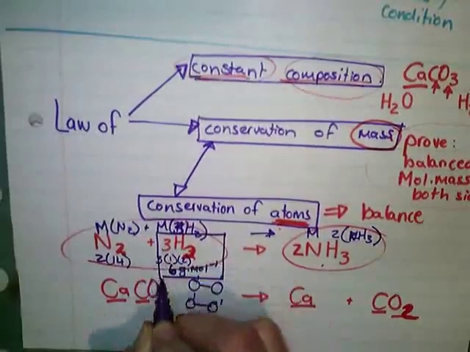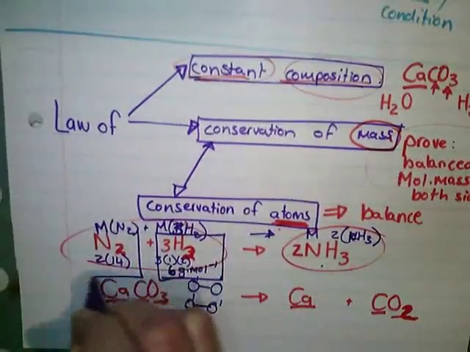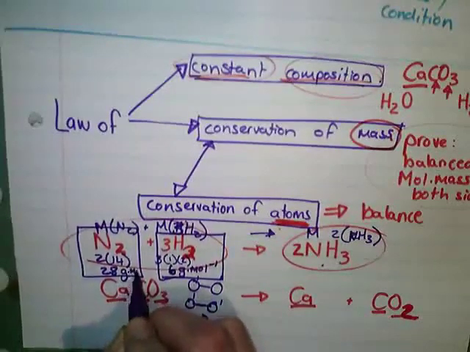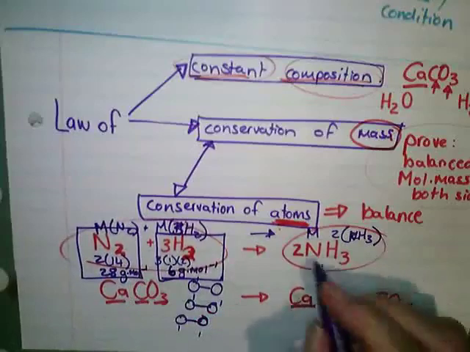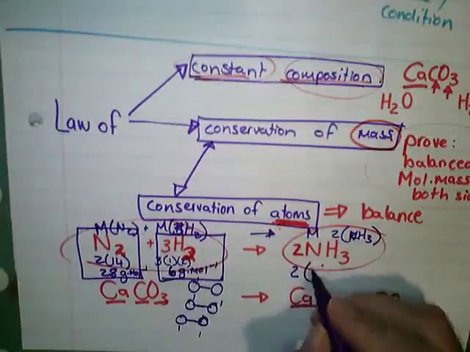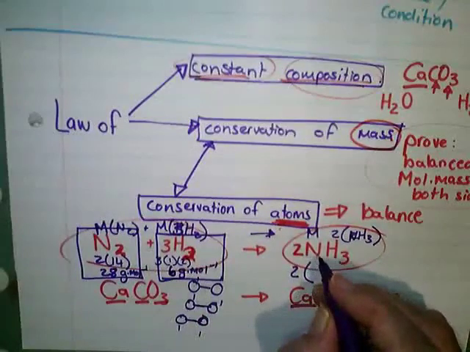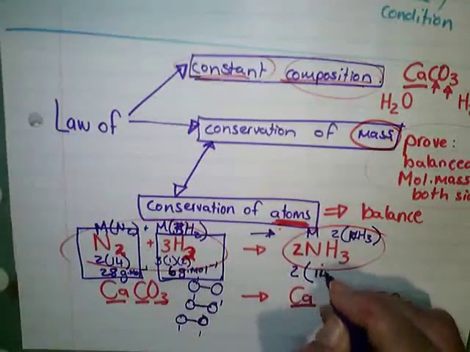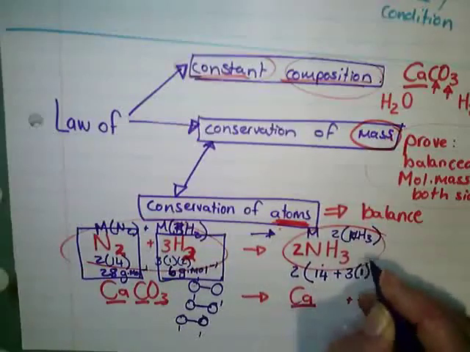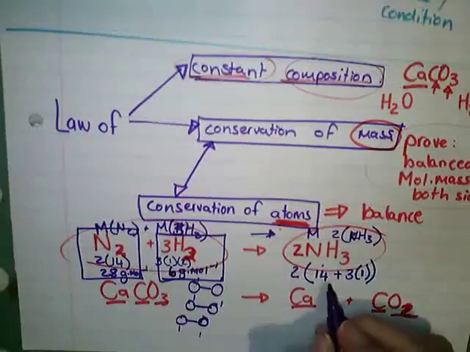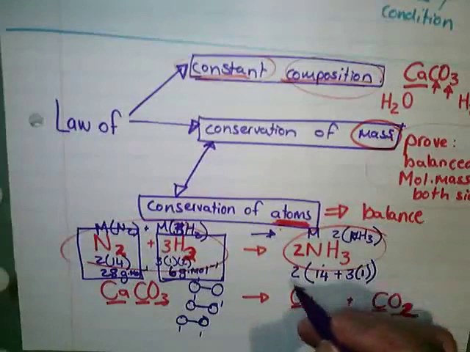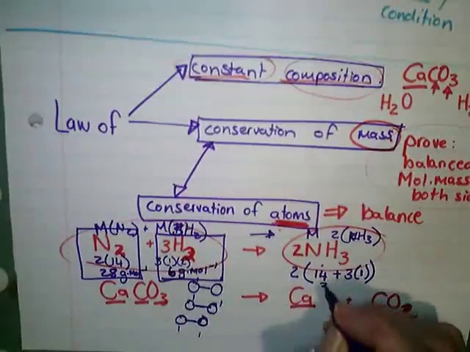For this nitrogen, our molecular mass is going to be 28 grams per mole. For the NH3, our molecular mass is going to be 2 times nitrogen, which is 14 grams per mole, plus 3 times hydrogen, which is 1 gram per mole. So 14 plus 3 is 17, times 2 is 34 grams per mole.